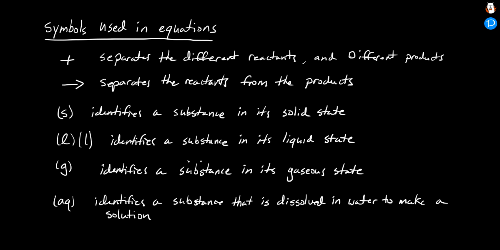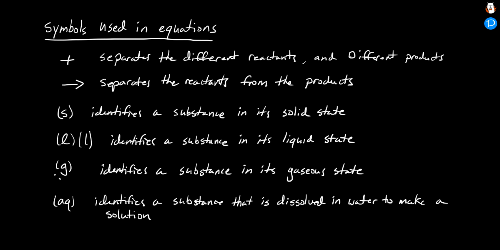We also want to designate or denote the state of matter that you have for each substance. So we would put an S like this in parentheses next to anything that is in its solid state. We would put an L. I have written here two different ones because sometimes you'll see it written in cursive and sometimes written like this, but it's just a lowercase l basically. And that would show something in its liquid state.